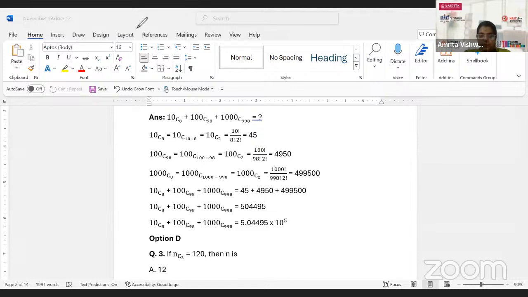Janani, is it clear? Abhinaya, Abhinand? Lavanya and Jeshua, what's the status?